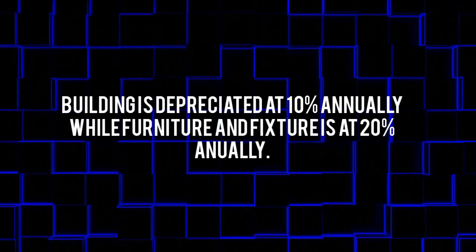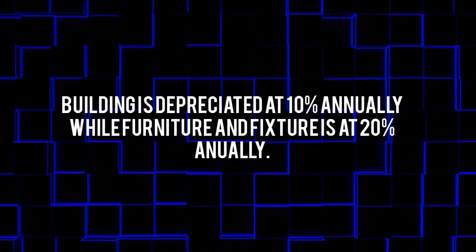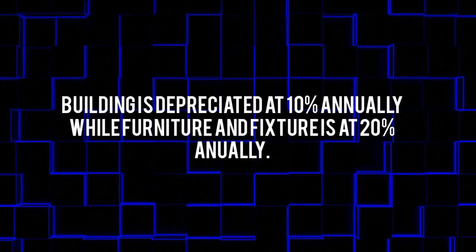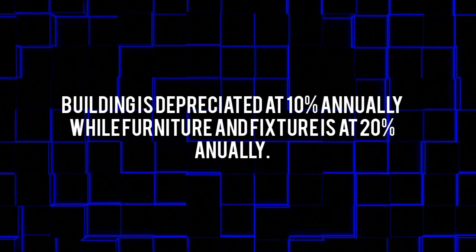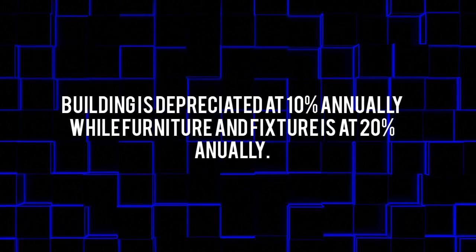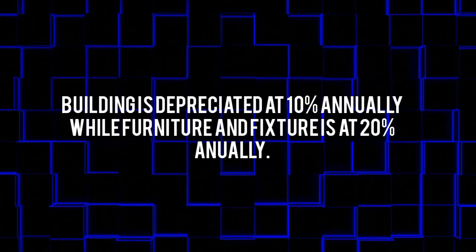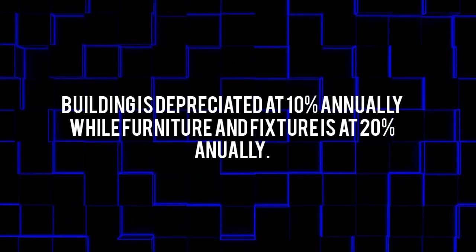For the third adjustment, building is depreciated at 10% while furniture and fixtures is at 20% annually. In order to get the monthly depreciation, we will have to follow this formula. And remember, we will only get the monthly depreciation since only 1 month has passed since the preliminary trial balance.